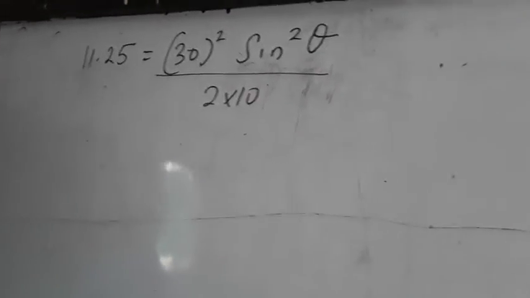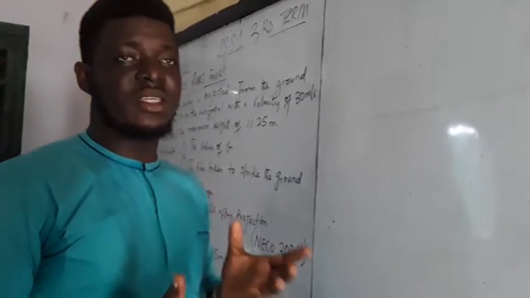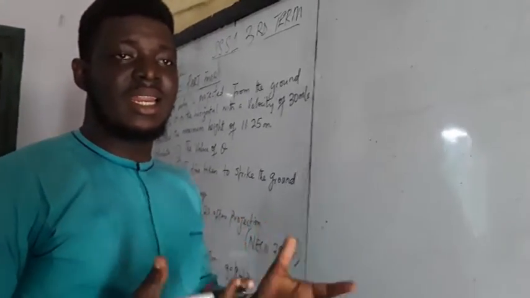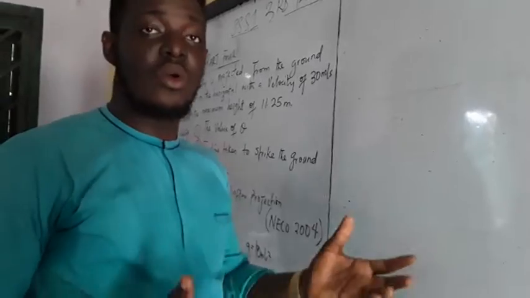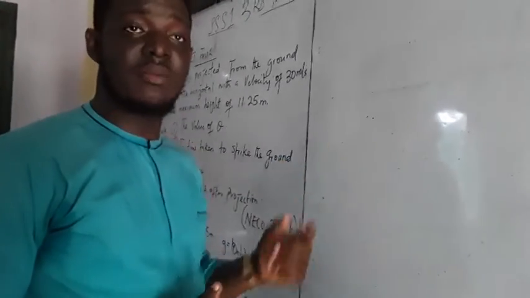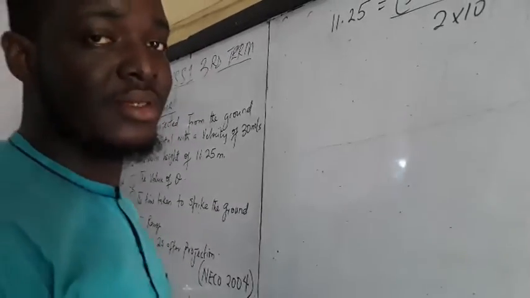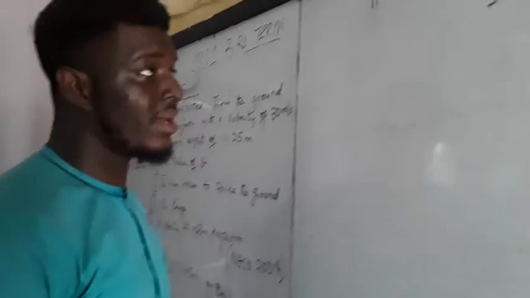So I used to tell students that math and physics go together. Because if you love physics and you don't like math, you will be frustrated. So please, you must be very good in math, most especially further math.